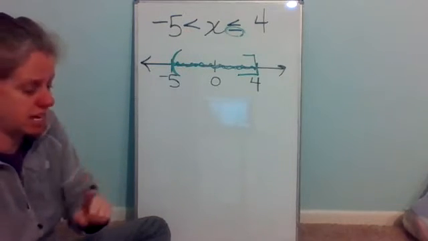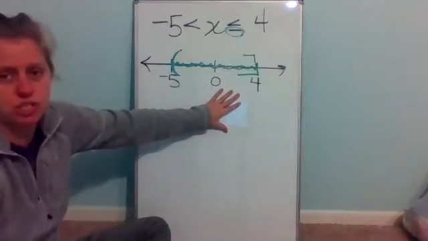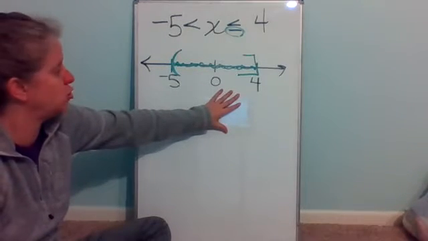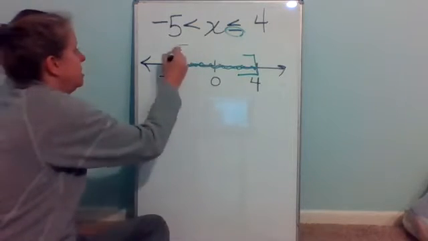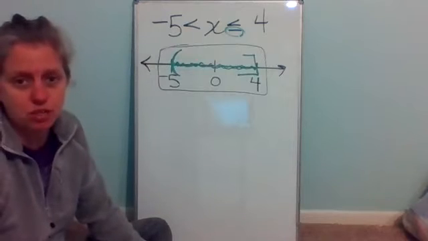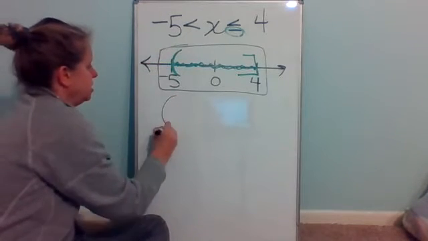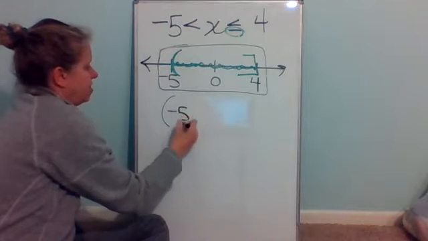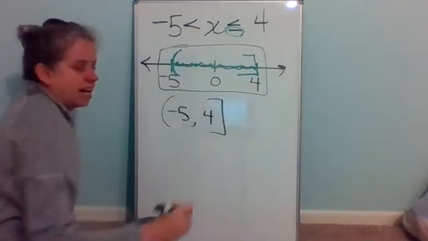Now, here is the reason that I always do the number line first. You're going to have to choose it in a minute off of your multiple choice part of this question anyway. But now that you have it, this right here is your interval answer. It wants open parenthesis with the -5, comma, 4, bracket.